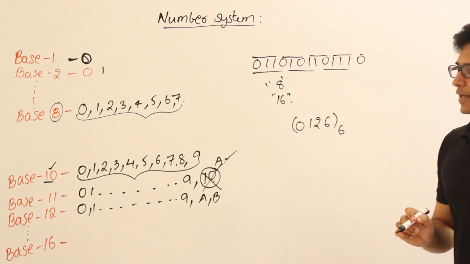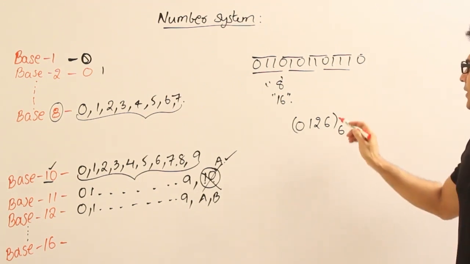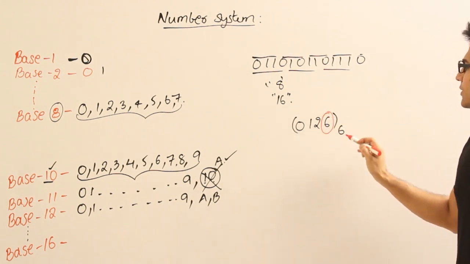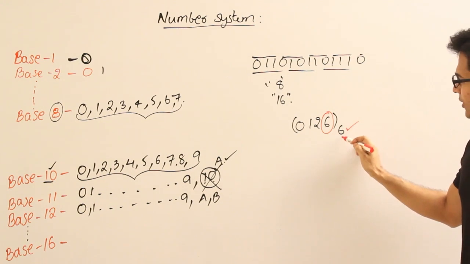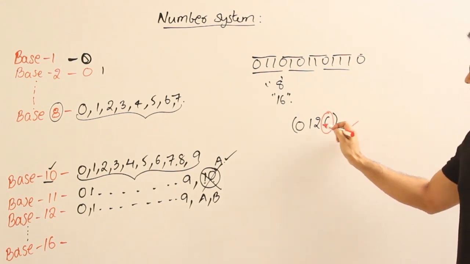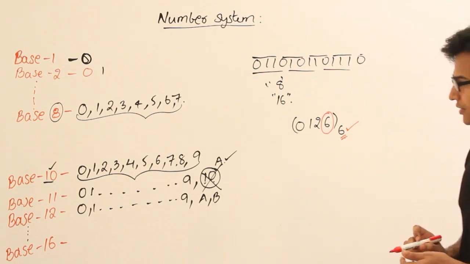We cannot have it. The reason being, this 6 cannot be present in a number system having base 6. All the digits in base 6 should be less than 6. So it cannot be a number in base 6. It is not a valid representation.